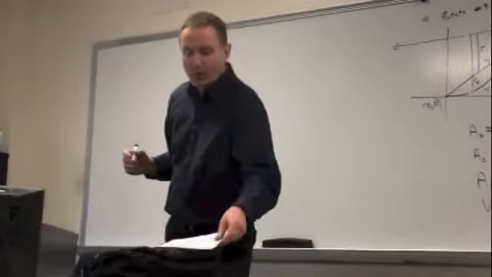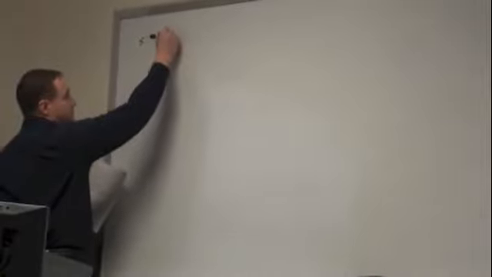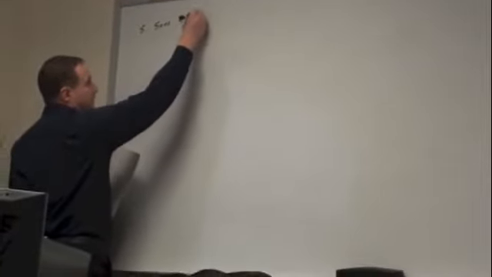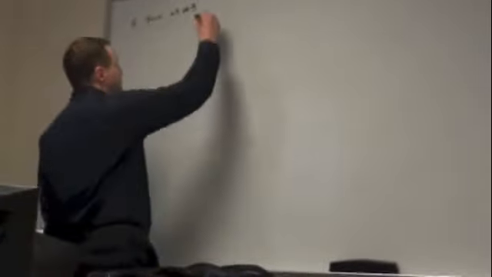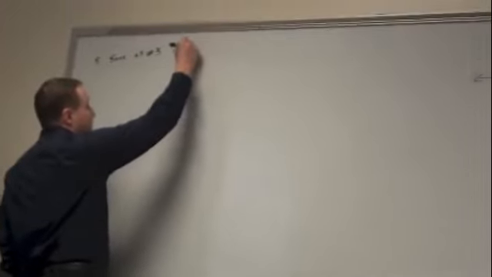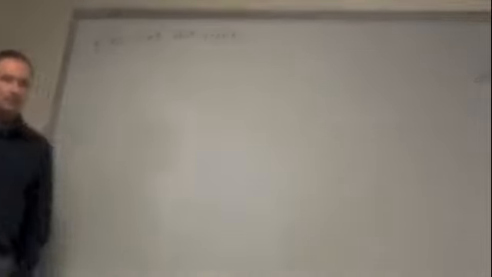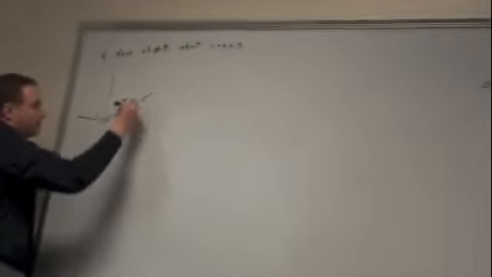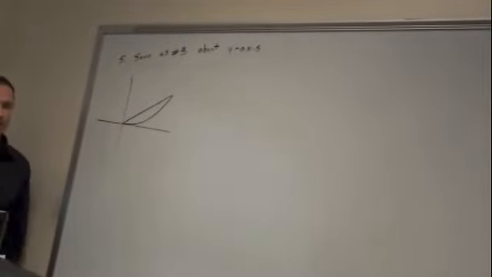I'll say, what if I want to take this same region, so same as number 3, except my rotation region is going to be the y-axis. So you'd say, okay, simple to draw out. That's the point of me using this same region, because I don't want you stressing over the region itself.